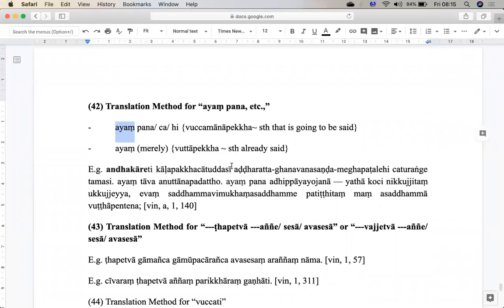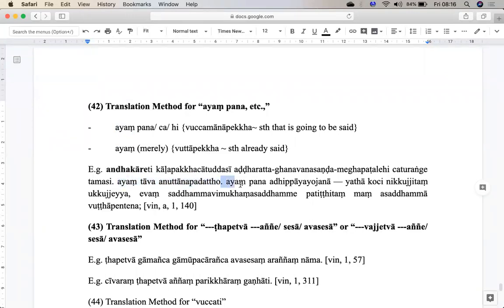Okay, in the example, that will be clear to us. So here, andhakarehi, but to understand, I take here, I use long as example, but the point is here. Ayan dava anodana pabbato. Here also Ayan.